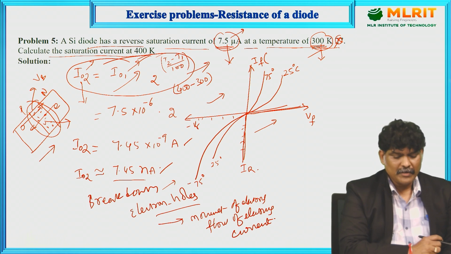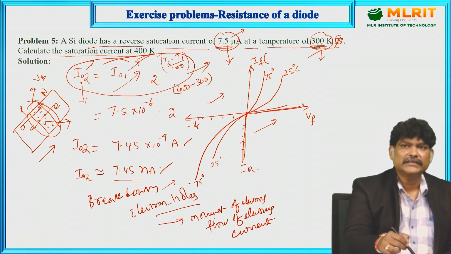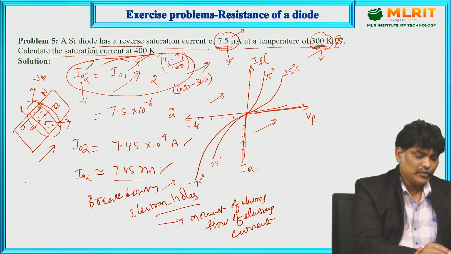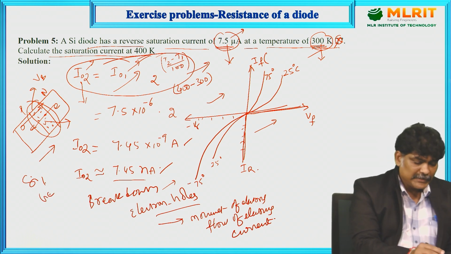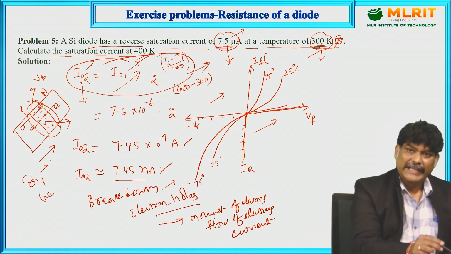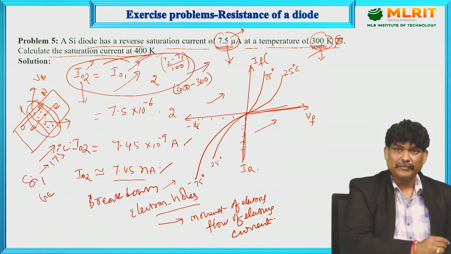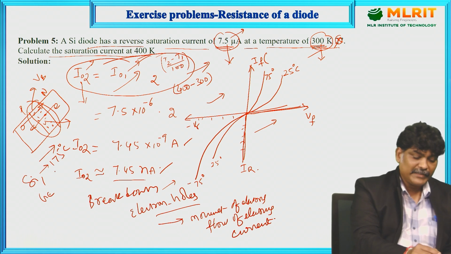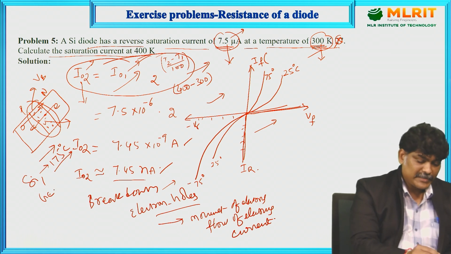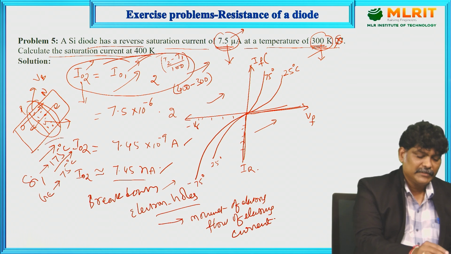This concept is common to both silicon and germanium. The only thing is, silicon can withstand up to 175 degrees centigrade, whereas germanium can withstand up to 75 degrees centigrade.